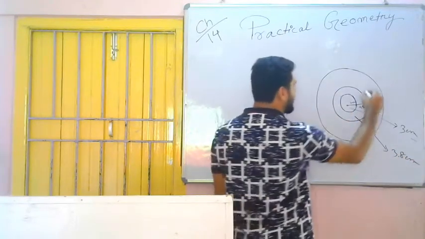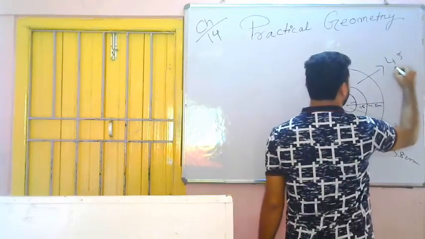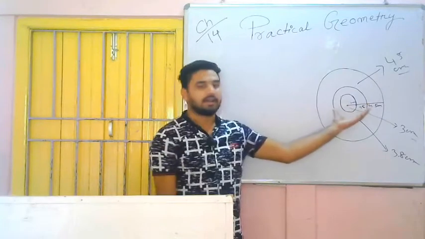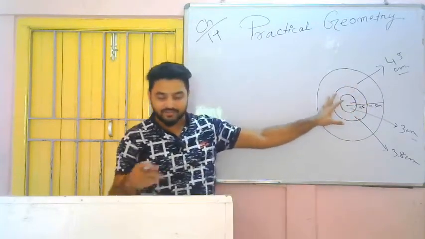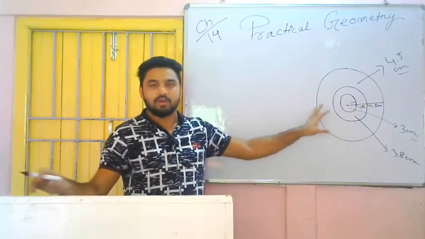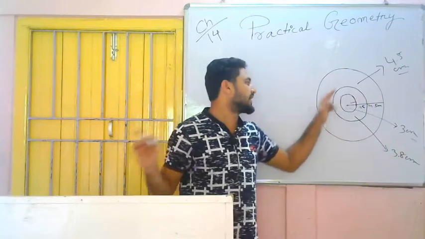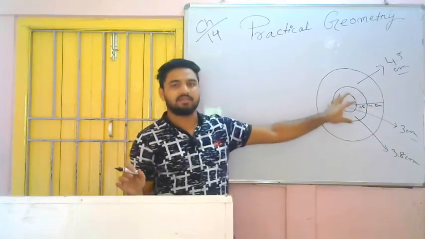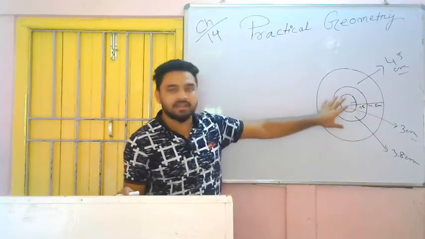And the radius of this circle will be 4.5, that is the bigger one. So this is the required shape we have found after drawing the circle with radius 4.5, again 3.8, again 3 centimeter. Draw in your copy and you will get a shape like this.